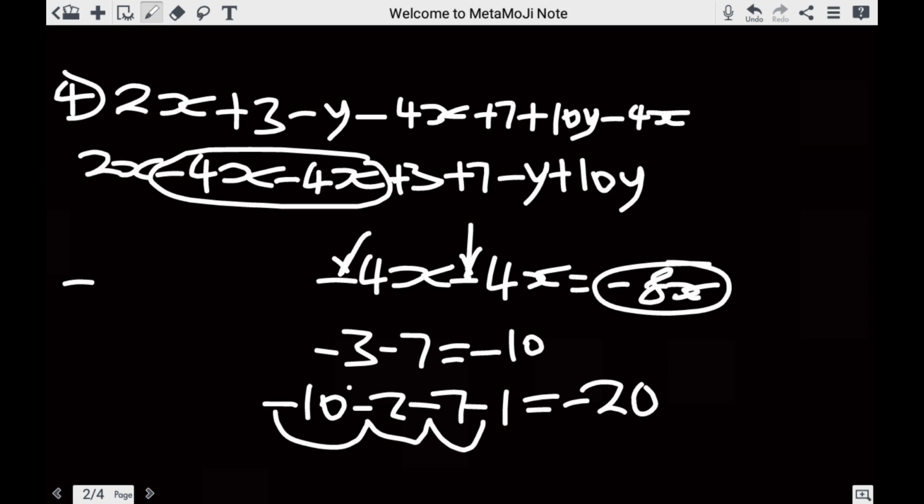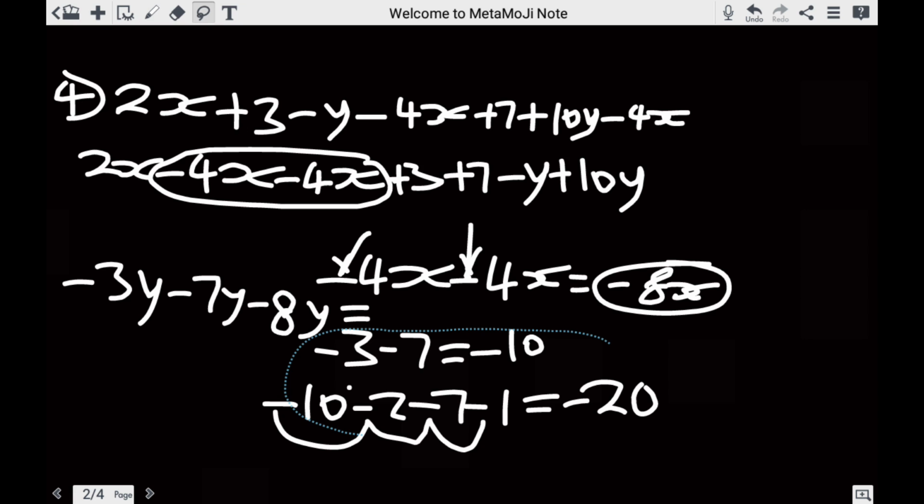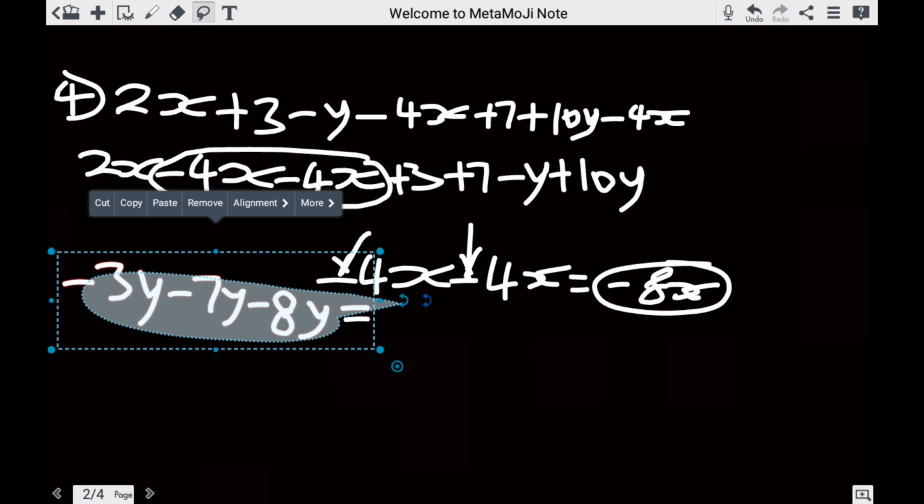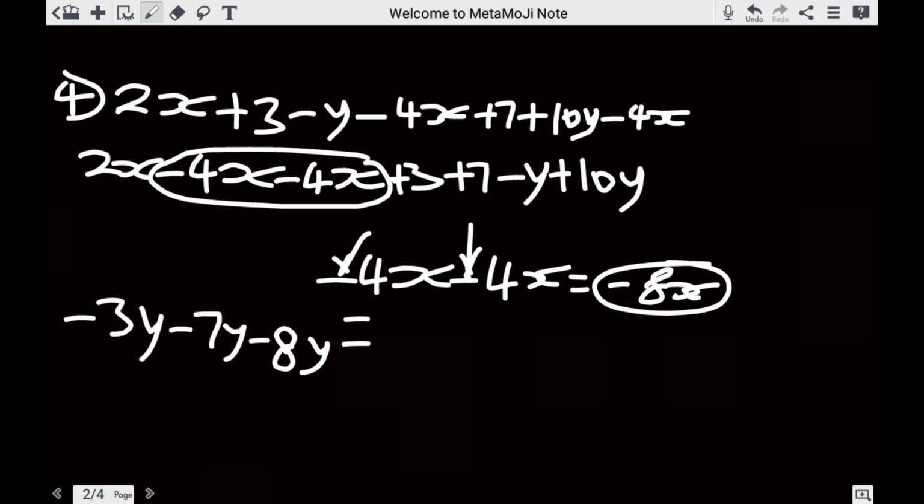So when you see minus 3y, minus 7y, minus, let's say, minus 8y, how can we do this one? Let me clear this up and bring it down. First, the signs here are the same, negative signs.